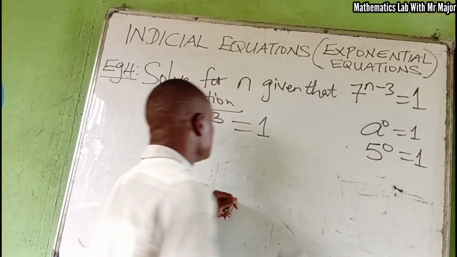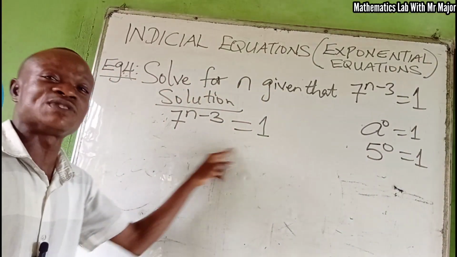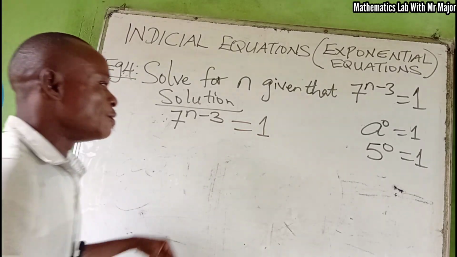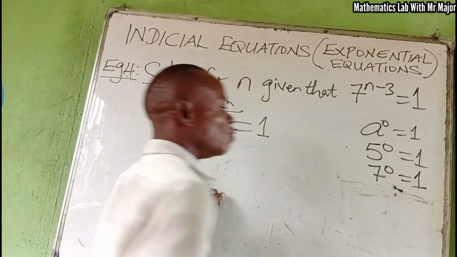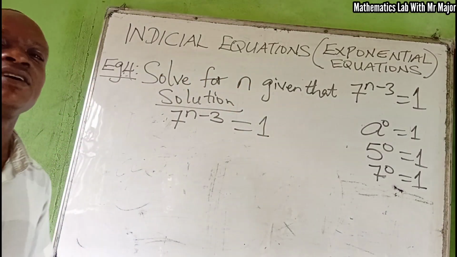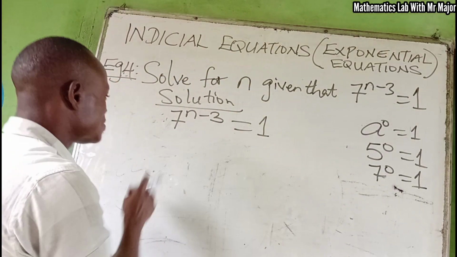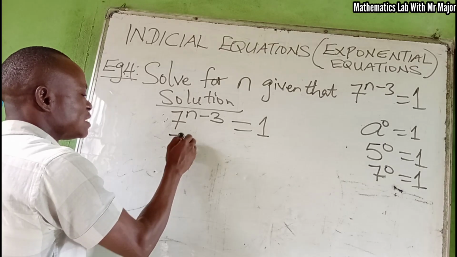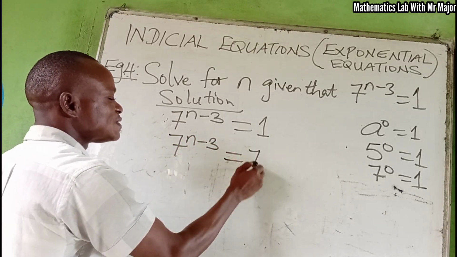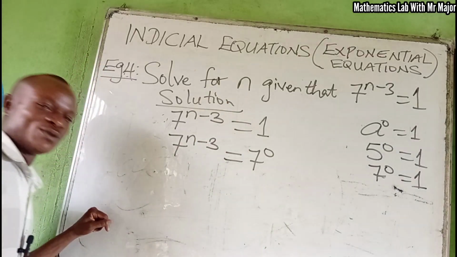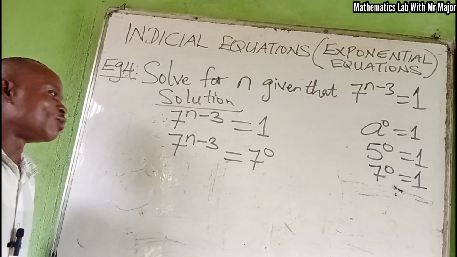So since we have 7 here and we need to make both sides 7, this is now going to become 7 raised to power 0 equal to 1, because any quantity raised to the power of 0 is 1. So let's solve. We now have 7 raised to power n minus 3 equal to 7 raised to power 0. And of course, this is still 1.